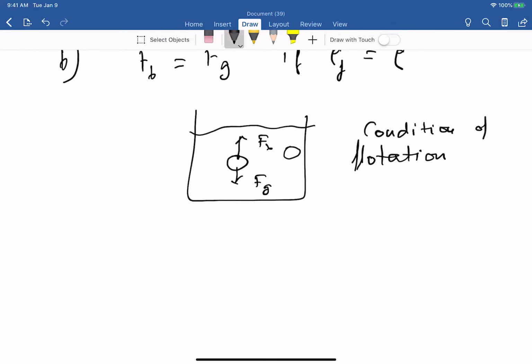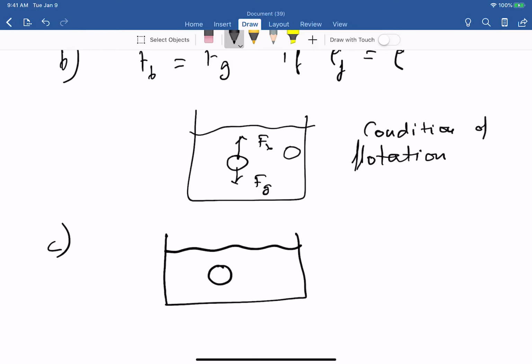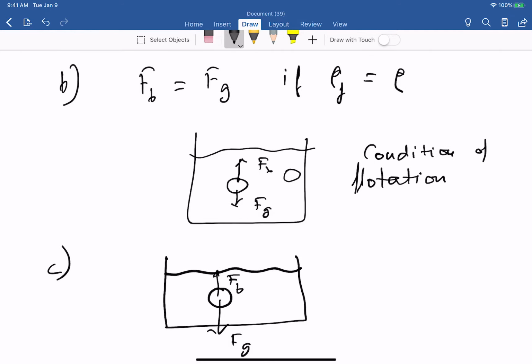All right, now what will the object do? Part C: what will the object do if the density of the object is less than the density of the fluid? Going back to our diagram, we again have the gravitational force and the buoyant force. The gravitational force is V times rho times g. The buoyant force is V times rho_f multiplied by g.